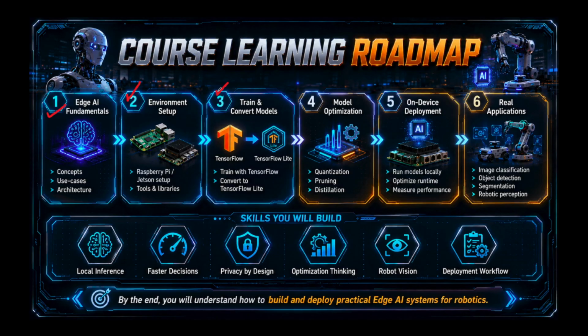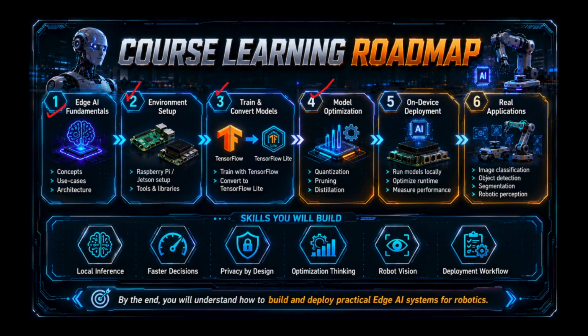Then comes one of the most important parts of edge AI, which is model optimization. We will explore techniques such as quantization, pruning, and knowledge distillation. This is very important because a model that performs beautifully on a powerful workstation may be completely impractical on a small embedded computer like Edge AI.